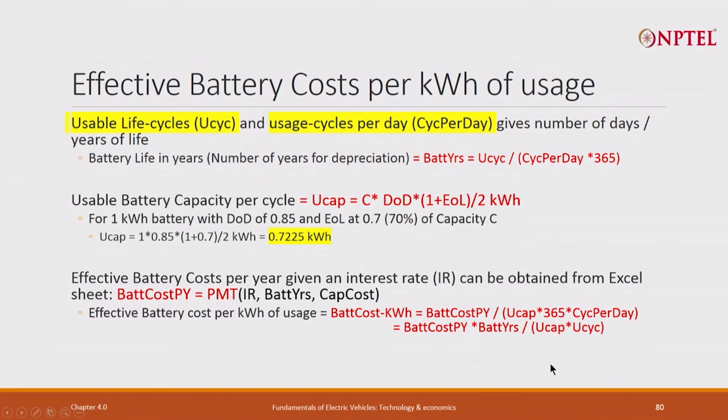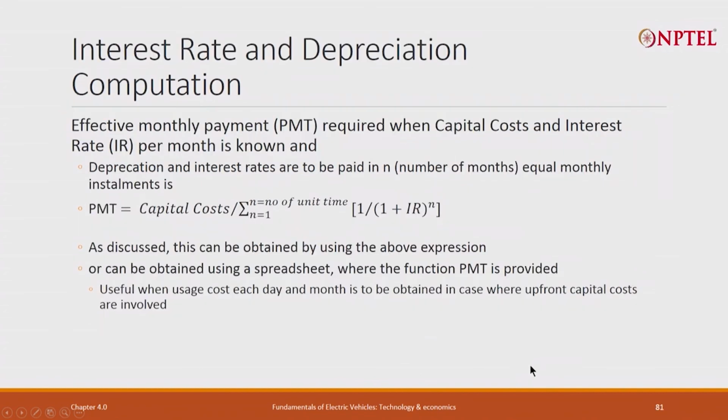This is the effective battery cost per year. Okay. So, I have just taken this expression battery years and cycles per day and converted it into battery years divided by U cap multiplied by U cycle. That is the effective battery cost per year.